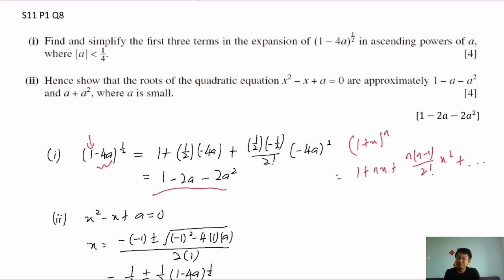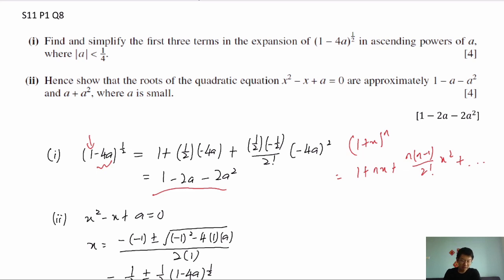So next one. We have to show that the roots of this quadratic equation are given approximately by these two values, where a is small. In order for us to solve this quadratic equation, the easiest way to start is to use the formula.